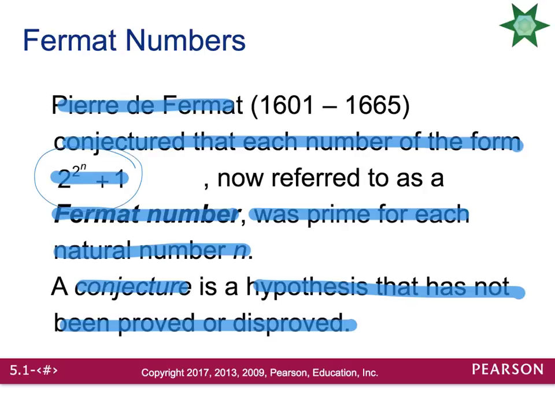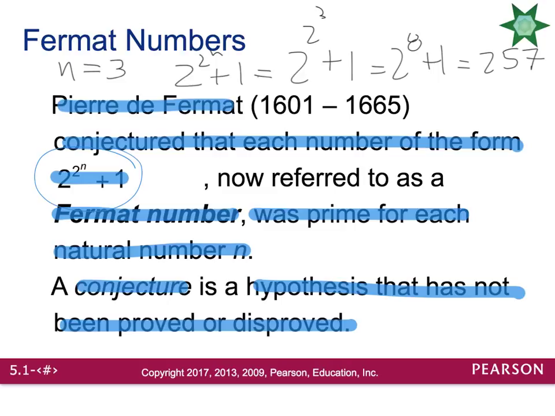So, for example, let's say n is 3. Then 2 to the 2 to the n plus 1: 2 to the n would be 2 to the third, so it's 2 to the 2 to the third. This 2 to the third is our exponent, so that would be 8. So it's actually 2 to the 8th plus 1. 2 to the 8th is 256, and adding one we get 257.